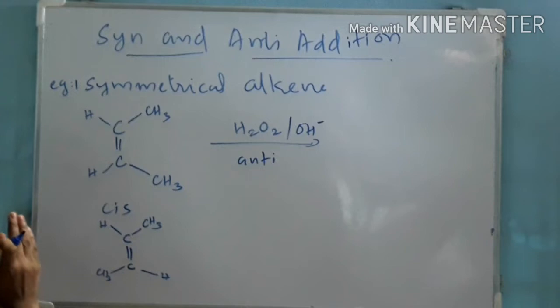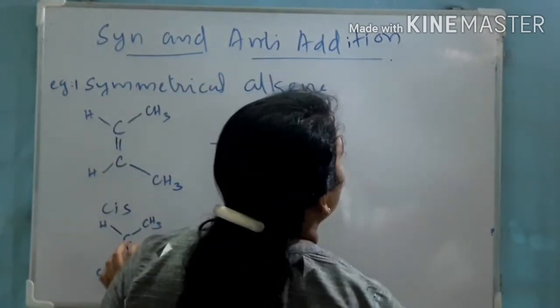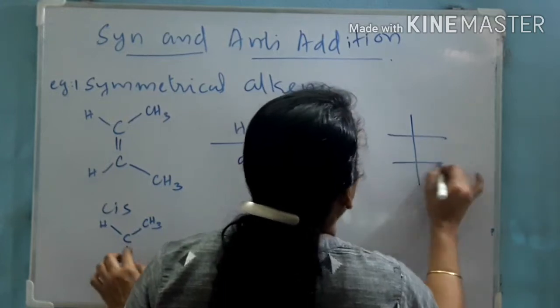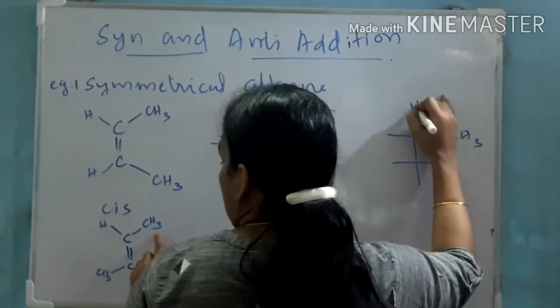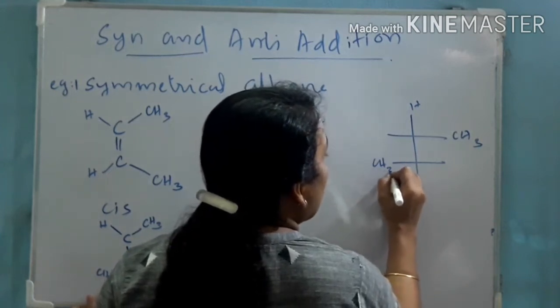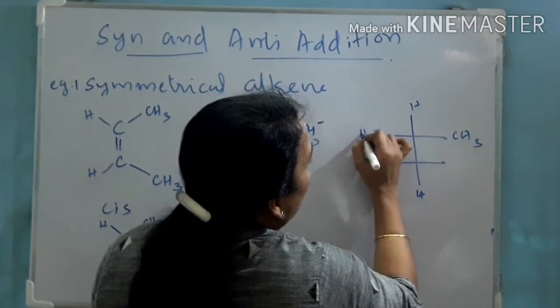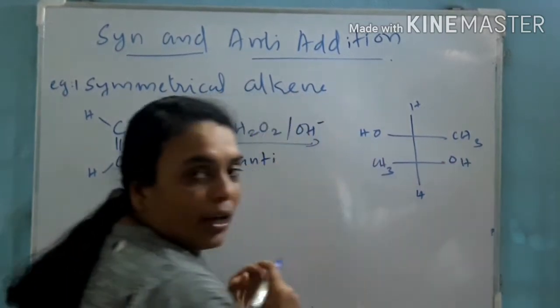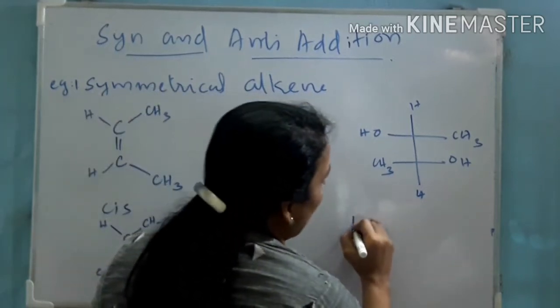So now we have a trans isomer. Let us draw its Fischer projection formula. CH3 on this side, hydrogen, and here CH3 over here and hydrogen. The OH groups are attached over here. So what is the product? It is a racemic mixture or enantiomer.